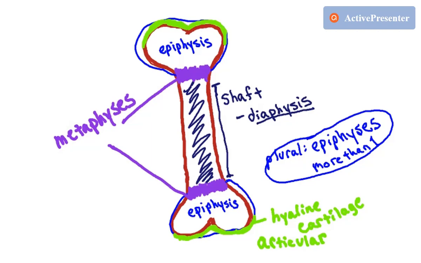Now, one more thing about a whole bone. Somewhere in the diaphysis, usually in the shaft, there is just a little bitty hole, and that is where an artery comes through, or blood vessels come through. An artery comes through there. Let's get a vein coming through there.